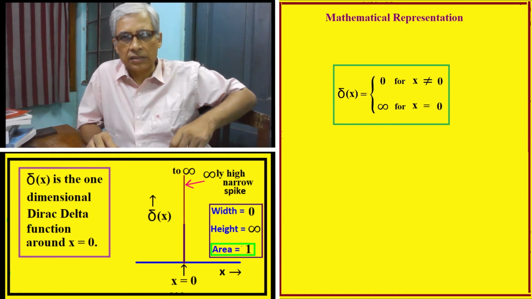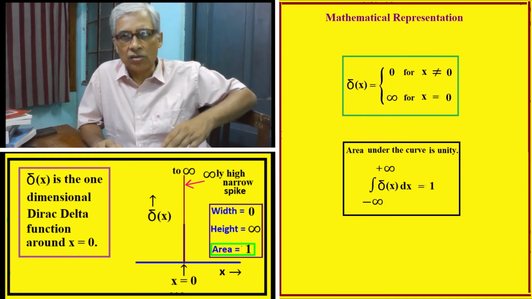We recall that we started with the promise of keeping area unity, notwithstanding the shape of the function, that is, not depending upon what half-width we care to choose. This obviously means that in the end too, the area should be unity. So the manner in which we arrived at the plot of the Dirac Delta function ensures that the area under the Dirac Delta curve is unity.